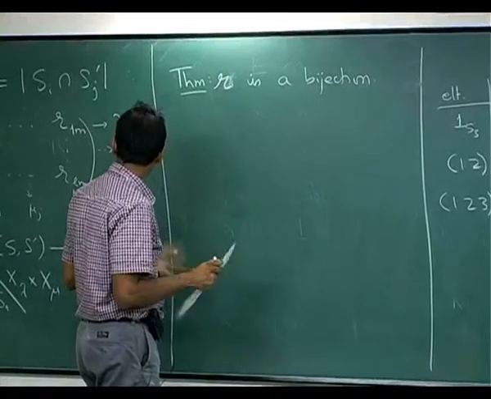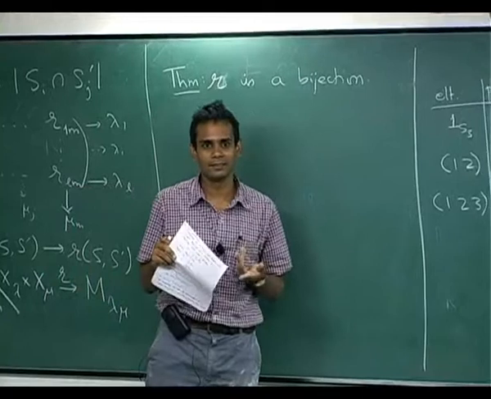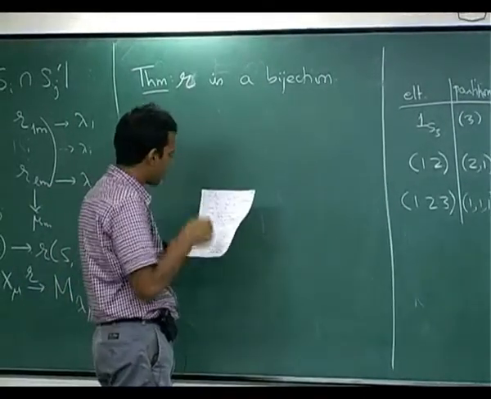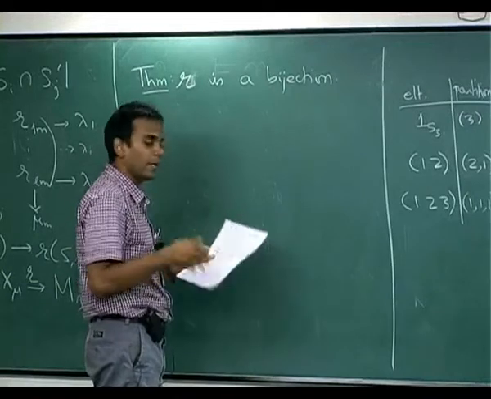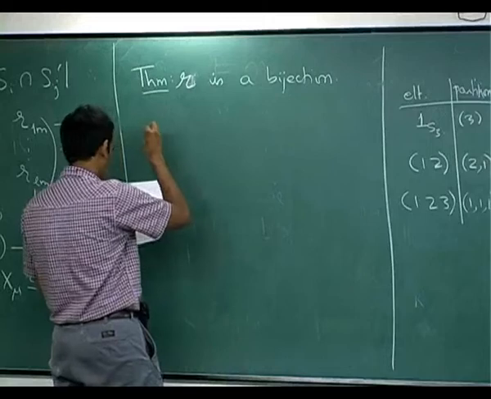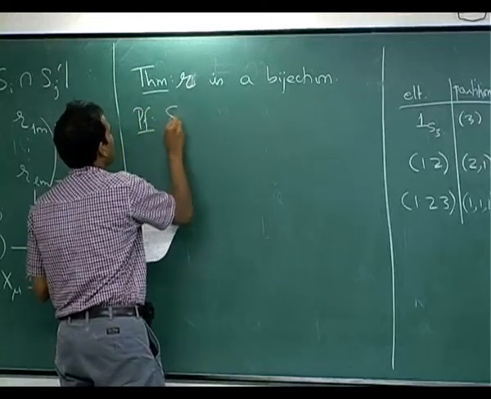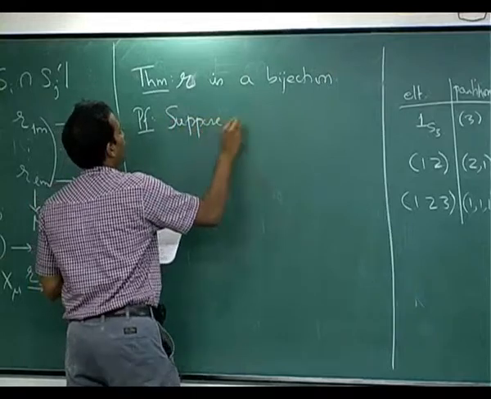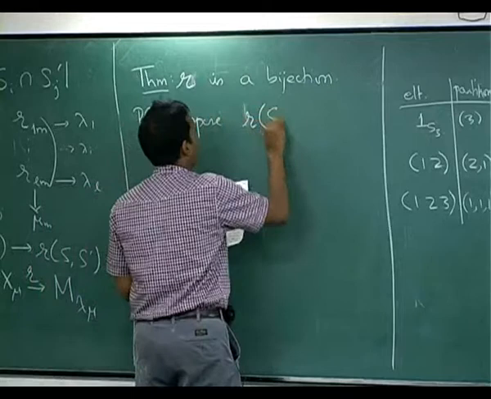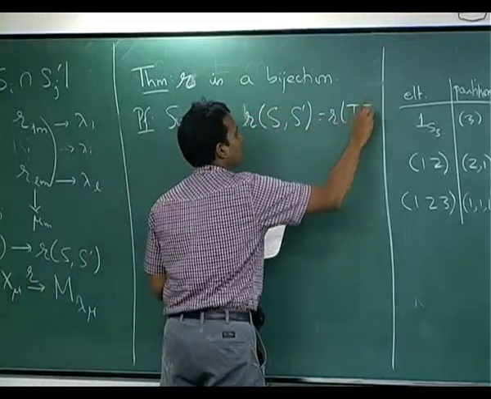For injectivity, suppose all the intersections have the same cardinality. So suppose R of S prime is equal to R of T prime.